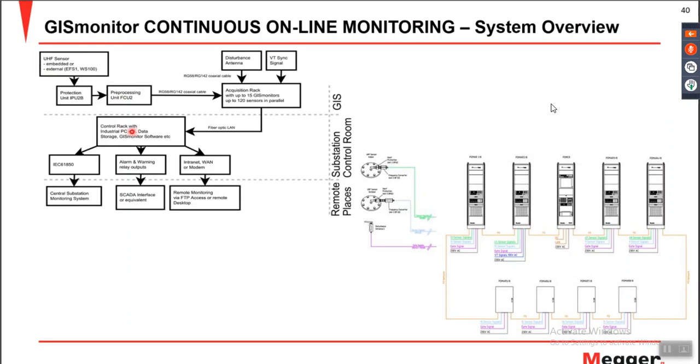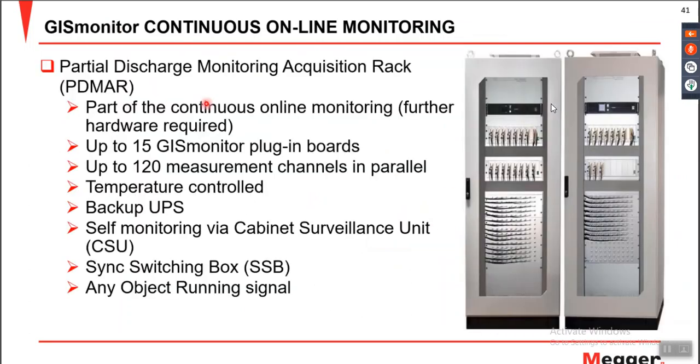As you can see on the screen, this is a single line diagram corresponding to an architecture overview of the system, which I will explain in an upcoming slide as well. We have acquisition racks called PDMAR, and this particular acquisition rack can accommodate 15 GIS monitor plugin boards.